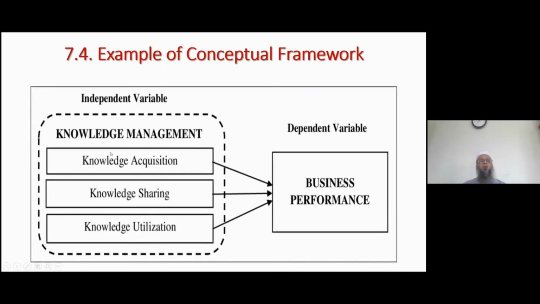Under knowledge management, we have three variables: knowledge acquisition, knowledge sharing, knowledge utilization. What is the effect of knowledge acquisition on business performance? What is the effect of knowledge sharing on business performance? And what is the effect of knowledge utilization on business performance? So this is how we draw the diagram to represent our conceptual framework.